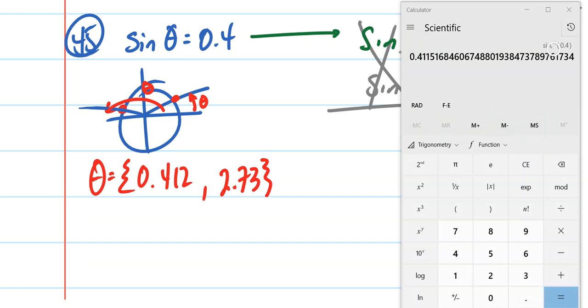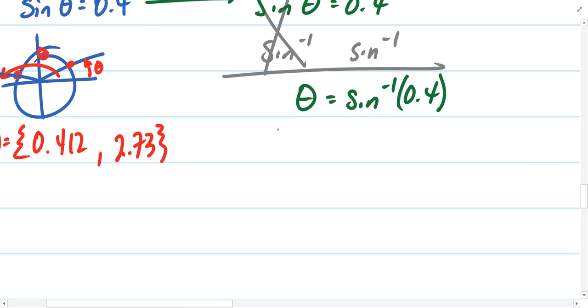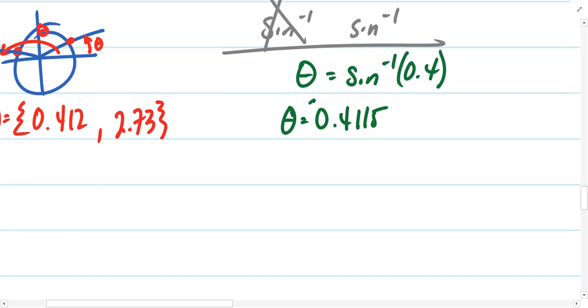The trouble we have there is that when you evaluate sine inverse at 0.4, if your calculator is set to radians, you'll get one solution. Here's that 0.412, which in actuality is 0.4115. But you don't get the second answer.